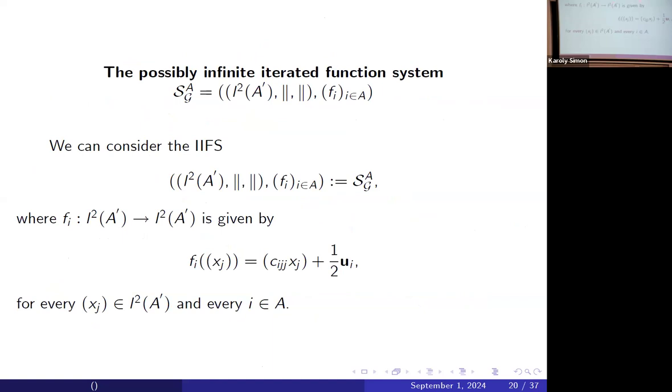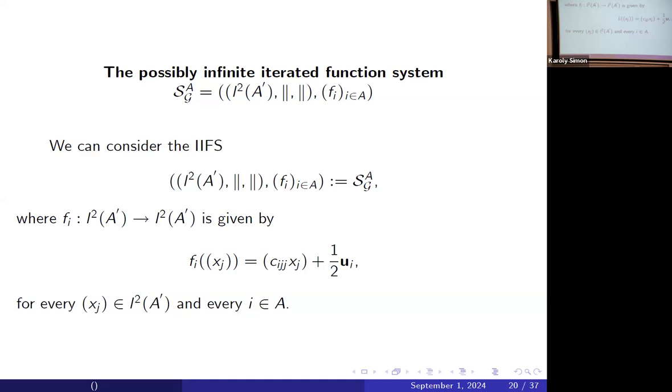The metric space is little L2 of A prime, and the family of contractions is given in this way. So Fi of the family Xj is 1/2 of Ui plus the family Cij Xj.